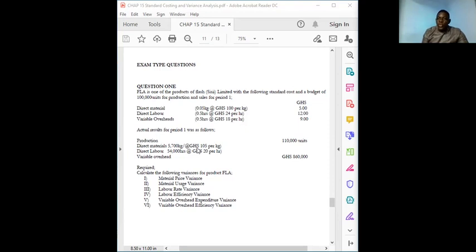Now, we should have paid 24, but we ended up paying 20 cedi. So it means that we have been efficient, or we've been able to save some cost. We had planned to pay 24, but we actually paid 20. So that is favorable. So we have 4 F measured at 54,000 hours.